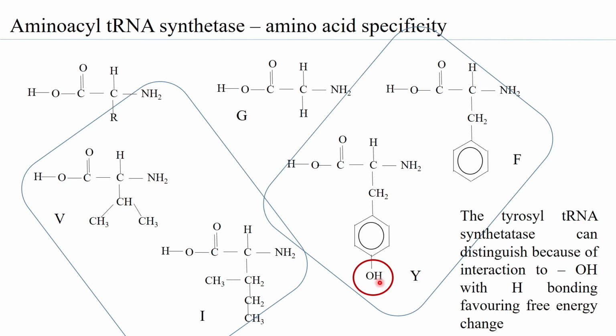And that free energy change makes the enzyme spontaneously bind to tyrosine but not favorably to phenylalanine. So the delta G negative that becomes because of the interaction of the amino acid to the enzyme active site is one of the ways by which amino acid specificity is determined by the aminoacyl tRNA synthetase.